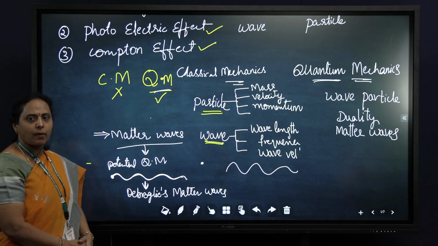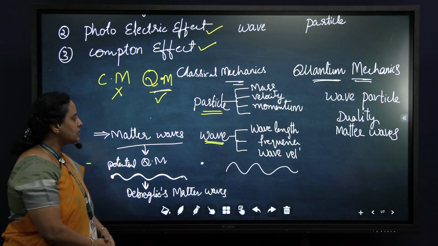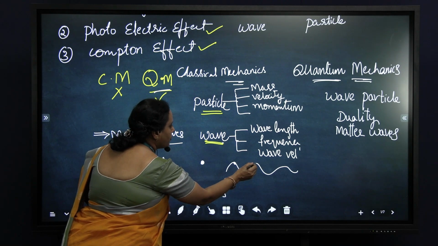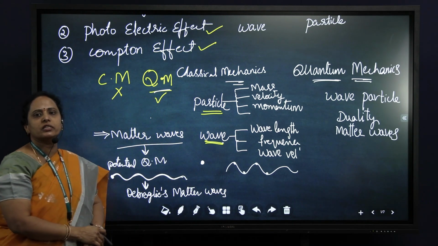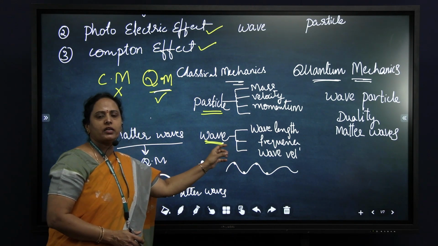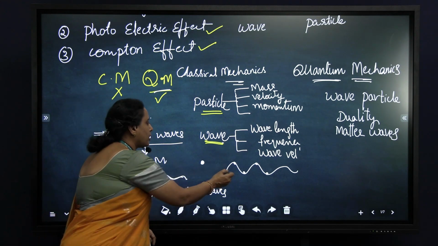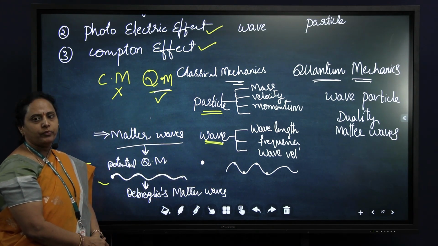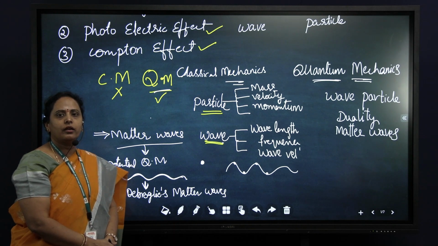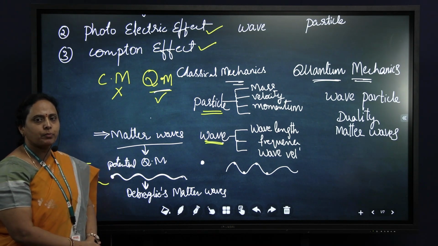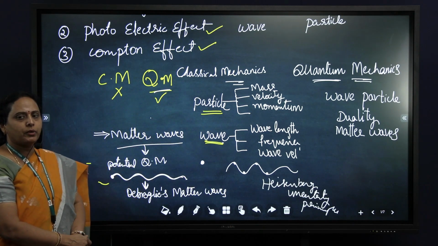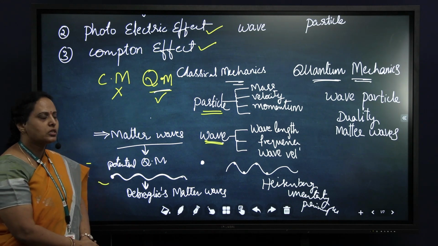In quantum mechanics the particle is associated with a wave, and as there is no physical existence for the wave, it is impossible to find the position of the particle because it is moving with a wave. That is why an ambiguity arises. This ambiguity has been removed up to some extent by the Heisenberg uncertainty principle.